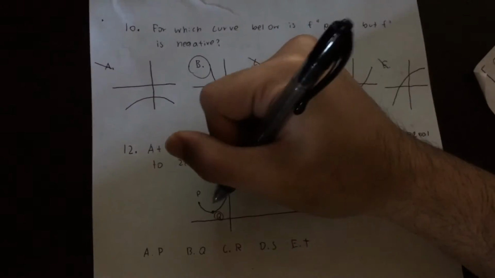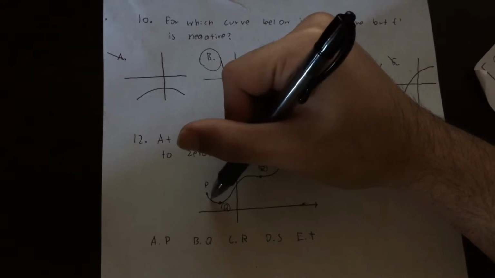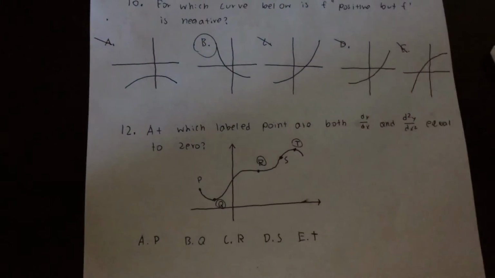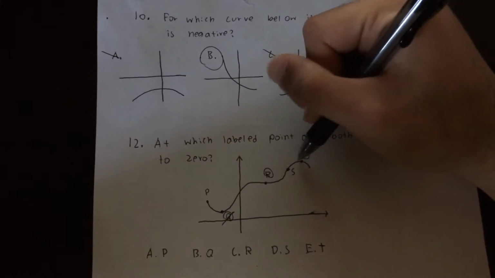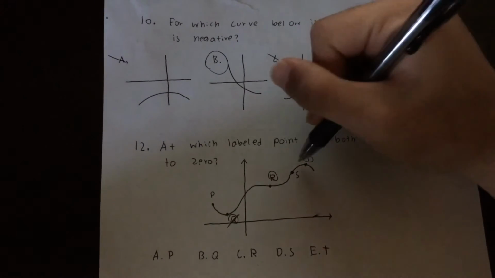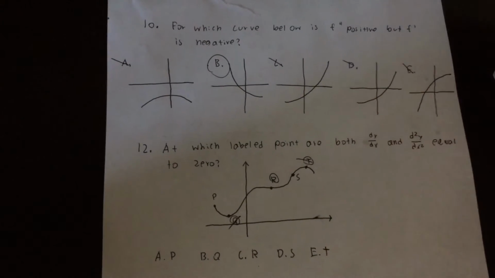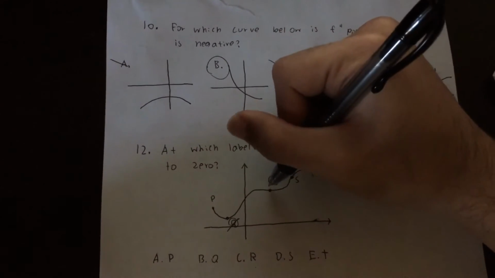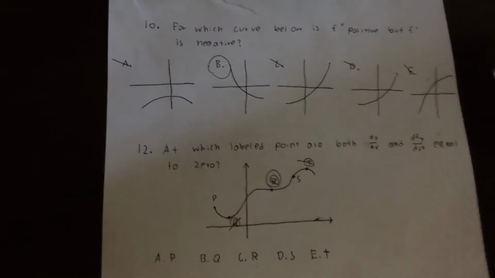So for point Q, the graph is concave up before Q, and it's also concave up after Q, so Q can't be the right answer. For point T, the graph is concave down before T and still concave down after T, so T can't be the right answer.